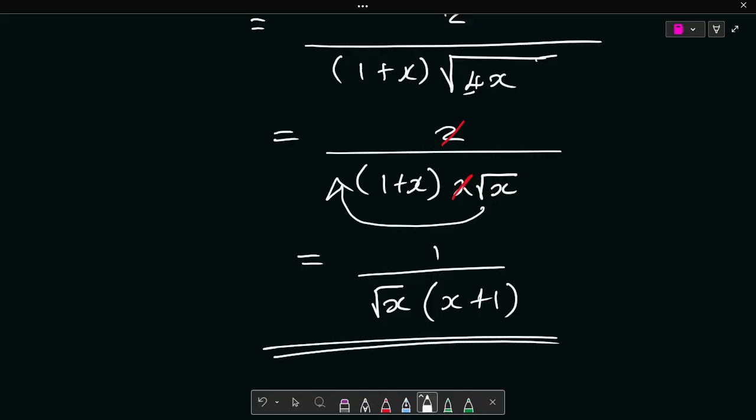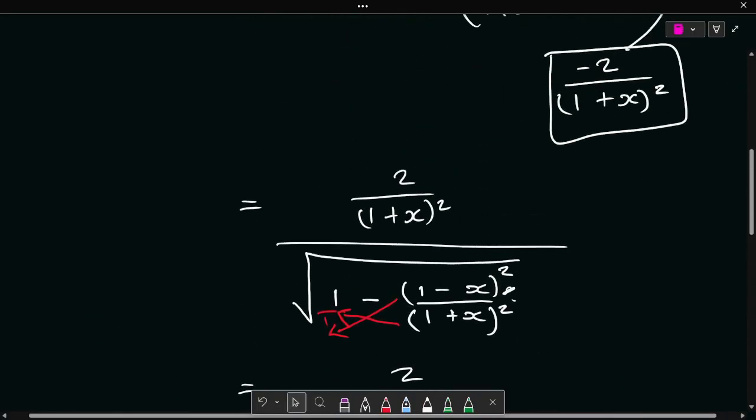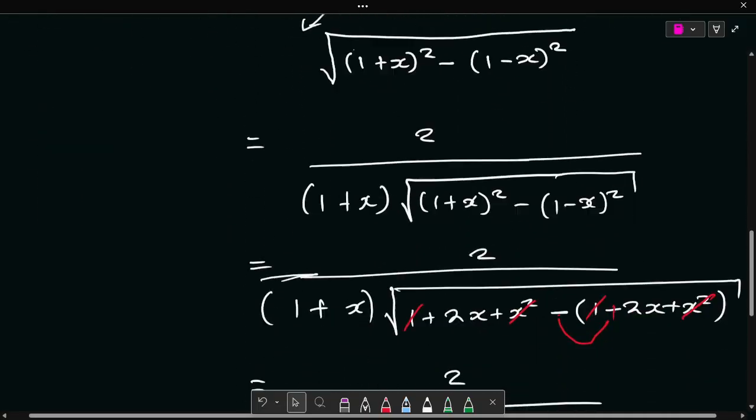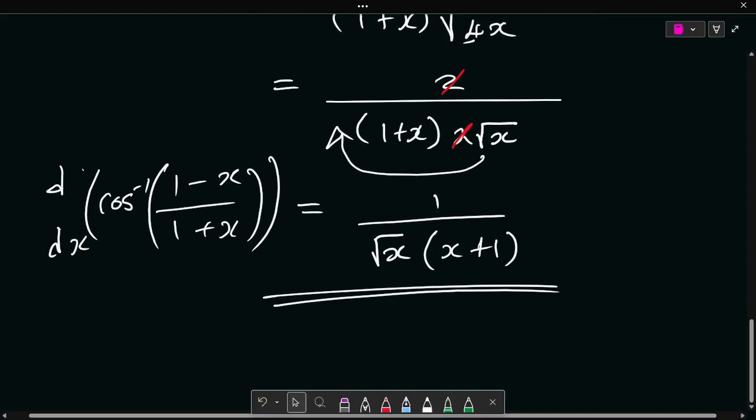That is going to be your final answer. So that is d dx of cos inverse of 1 minus x over 1 plus x. So that is the answer.